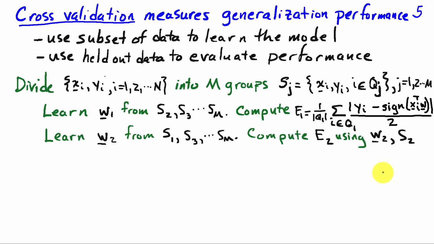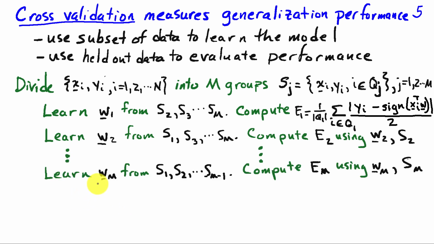And we can continue this process over all the different permutations of possible holdout sets. And ultimately, we're going to be determining a model WM using SM as a holdout set. So we've trained our model using S1, S2 through SM-1, and we can compute an error on that holdout set from WM and the set SM.